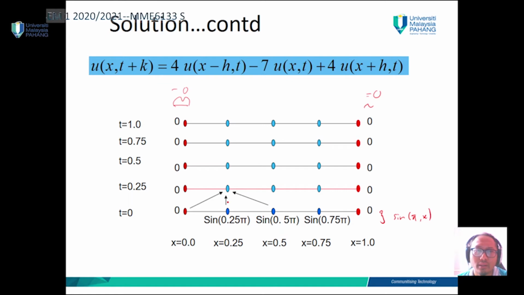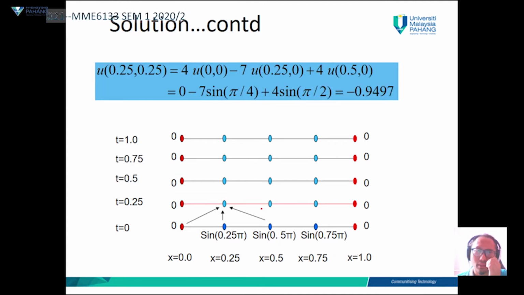Let's start with the first node, this node here, where we know that the node here is at t0, x0, and here is x 0.25, and the value is sine 0.25 pi, and the next on the right will be sine 0.5 pi.